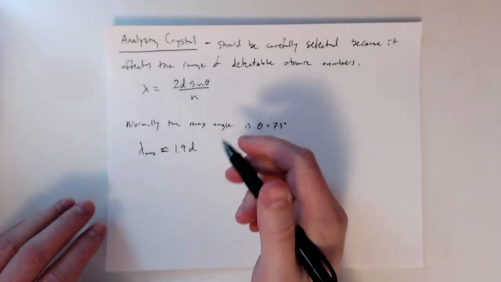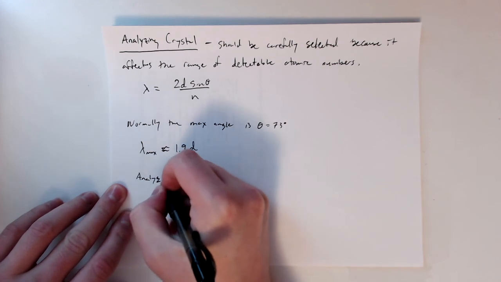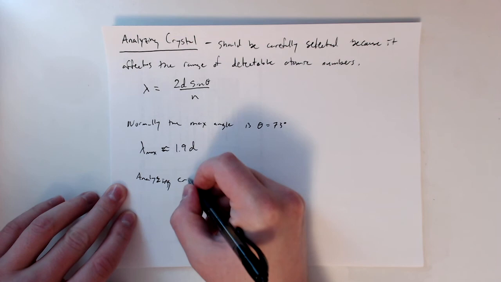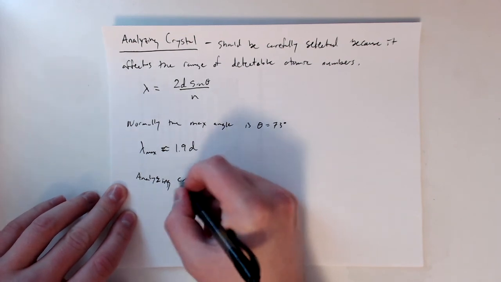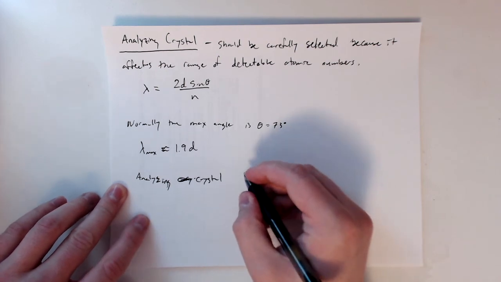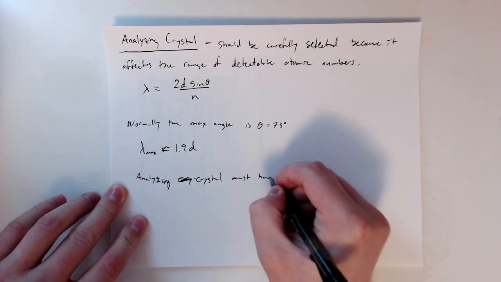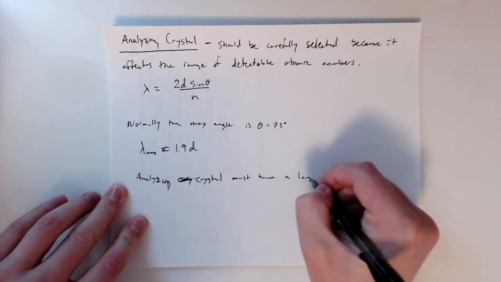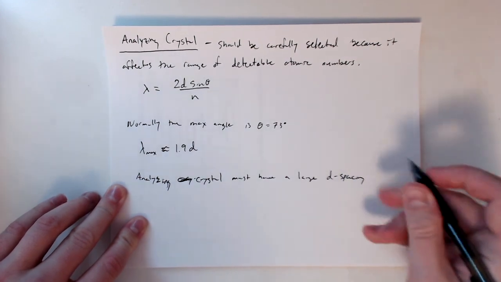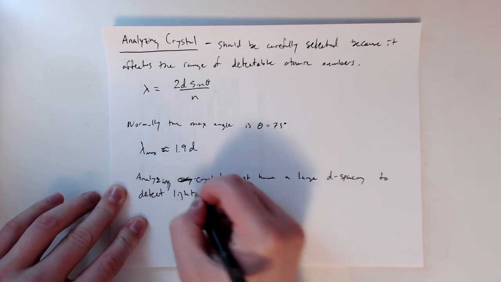All right, so we just saw that an analyzing crystal must have a large d-spacing to detect light elements.